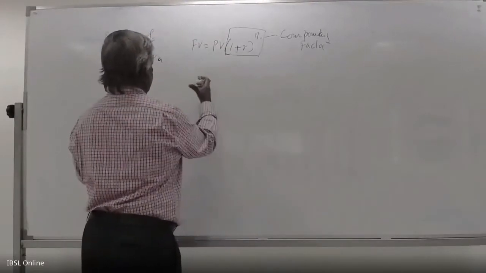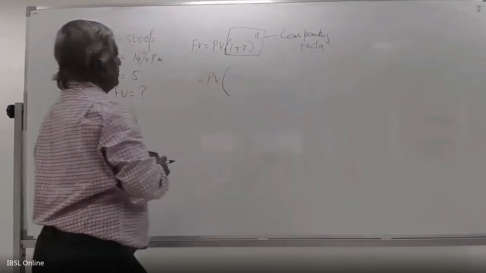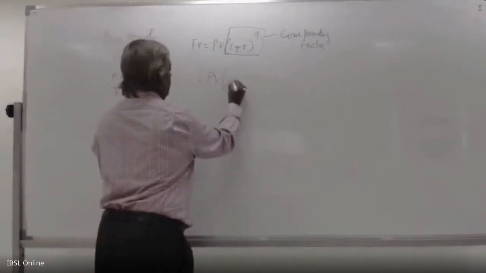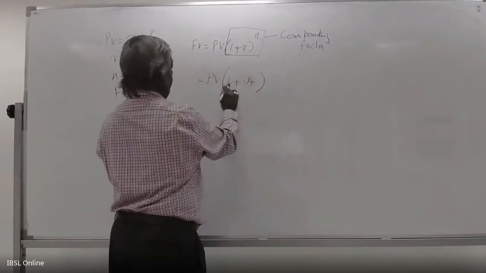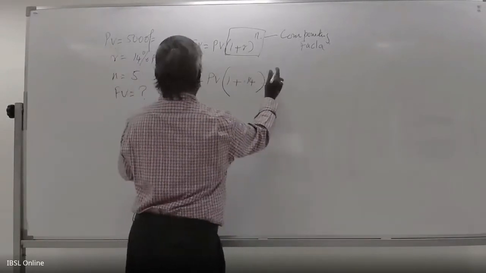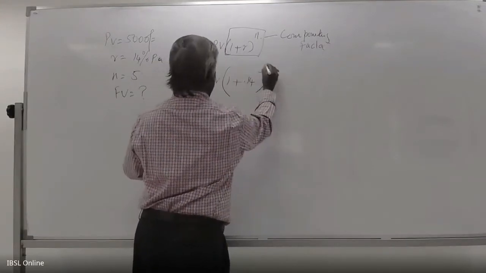FV is equal to PV into (1 plus 0.14, that is the interest rate in decimal) to the power n, that is number of years, 5.